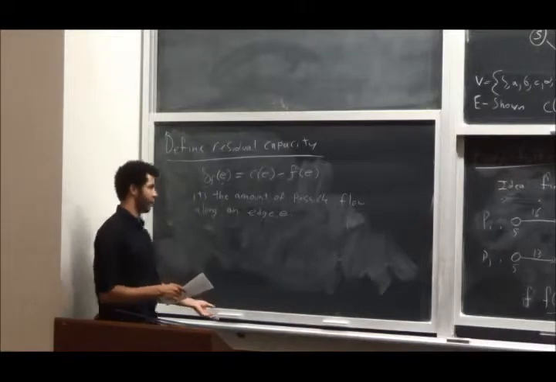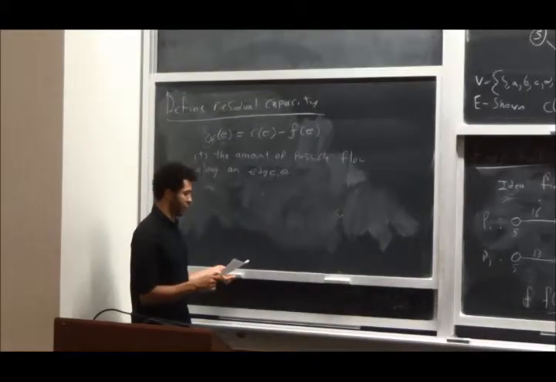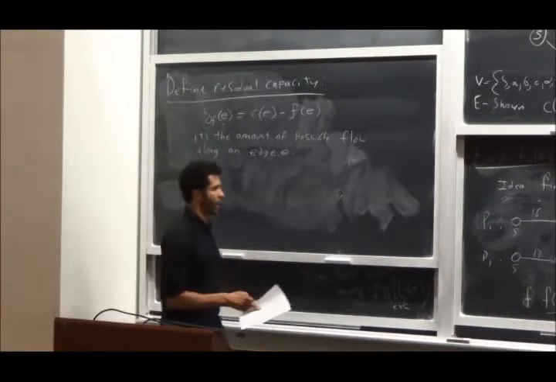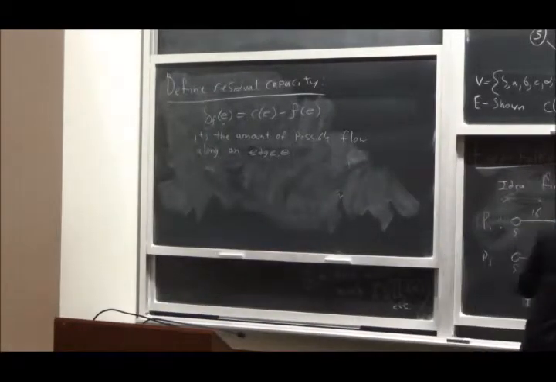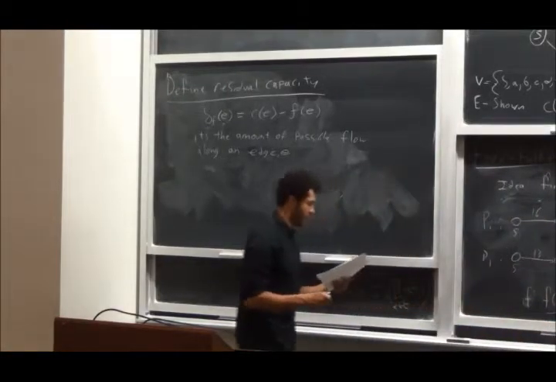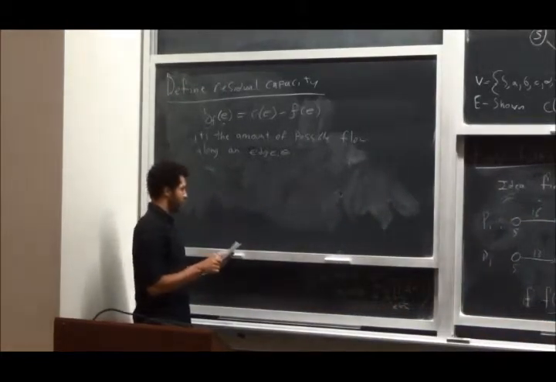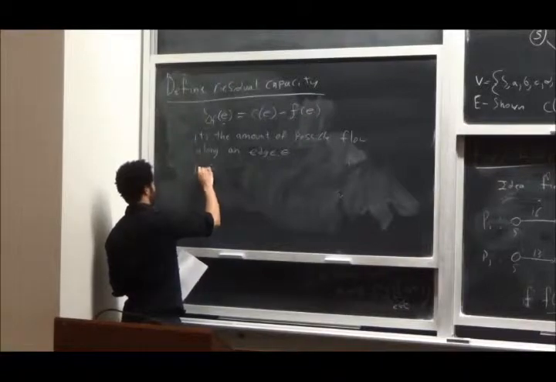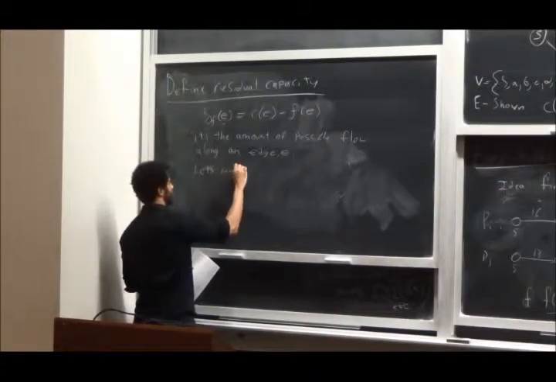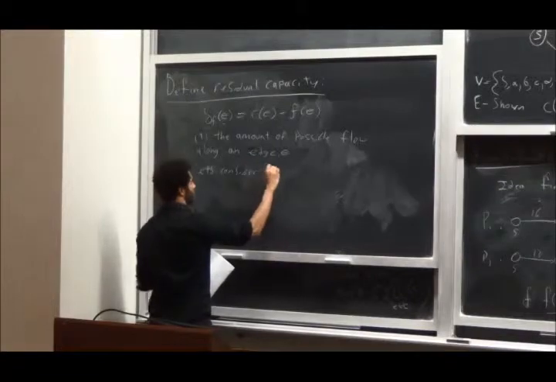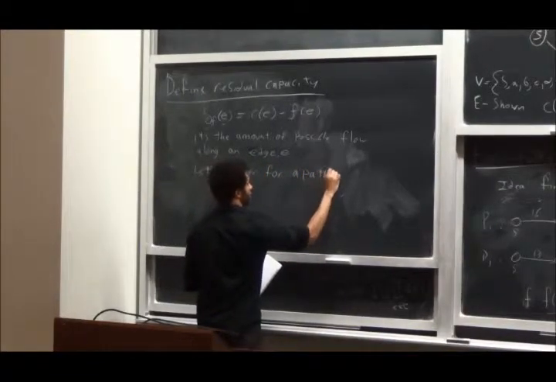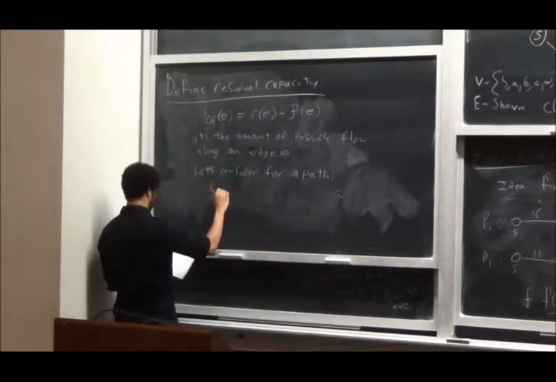So specifically, if we want to think about what the forward-focusing algorithm will do, given every path, we take this path as an argument, and our residual capacity for a path then. Let's consider a path.